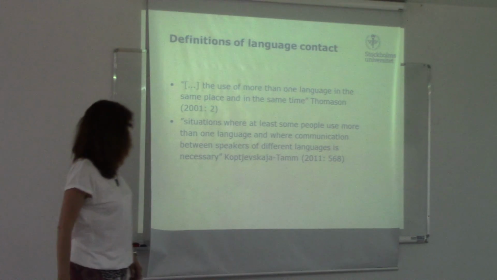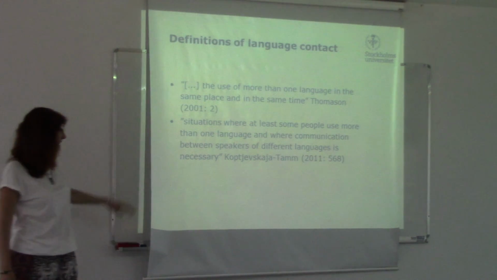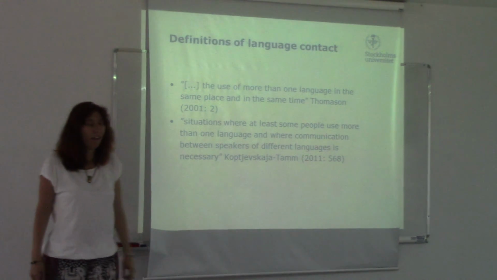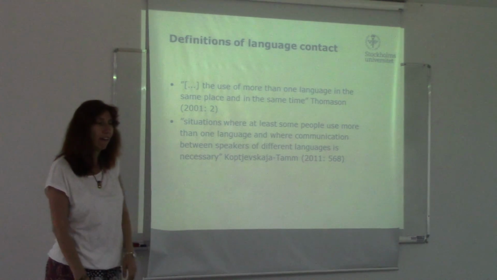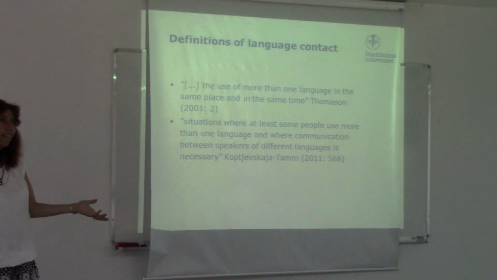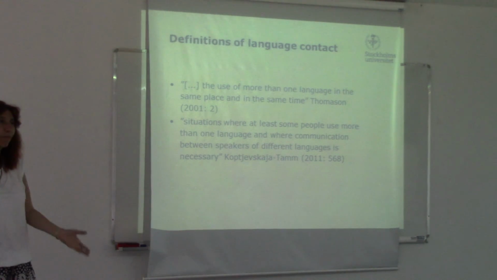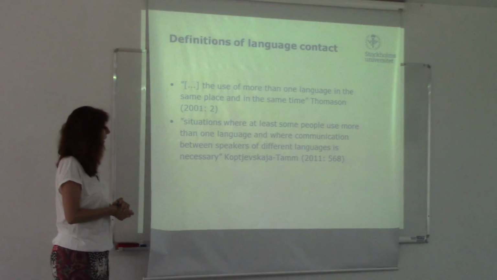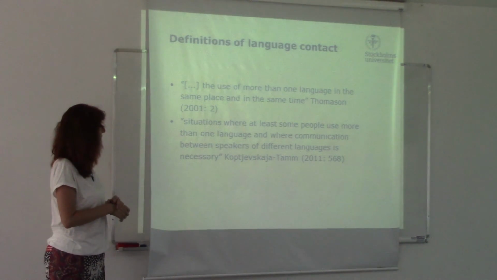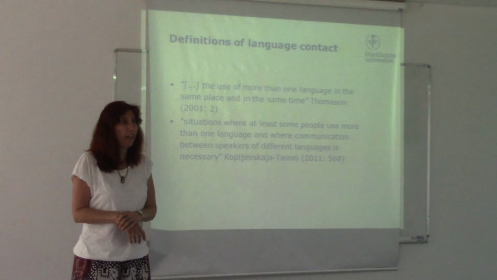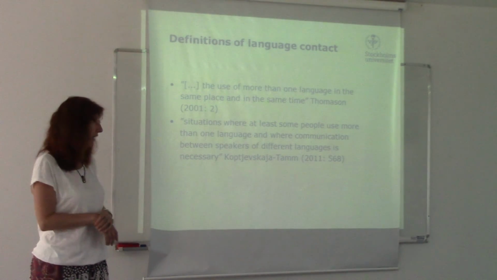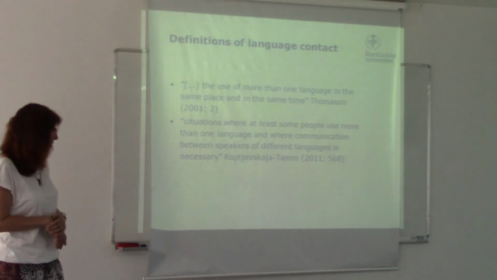People have been trying to define contact, and I list here two definitions that are 10 years apart, and both of them are equally broad, because contact is something that simply exists in our everyday. The first one is from Sarah Thomason, who is a very prominent researcher on language contact and historical linguistics.